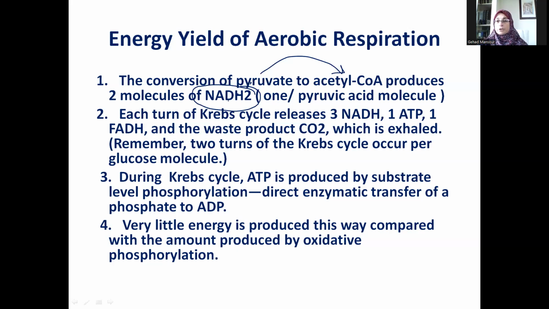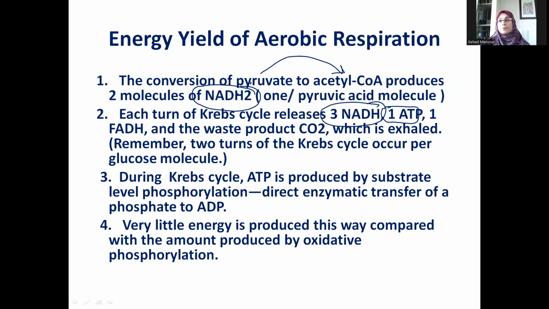If you look at the energy yield of Krebs cycle, you will see that the overall will be the 1 ATP that has been formed by direct phosphorylation, the one we have talked about, and 3 molecules of reduced NAD. So there was enough hydrogen removed from glucose in order to reduce 3 molecules of NAD and 1 molecule of FAD, in addition to carbon dioxide.